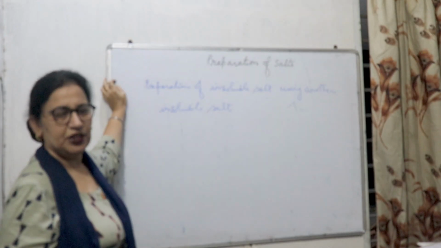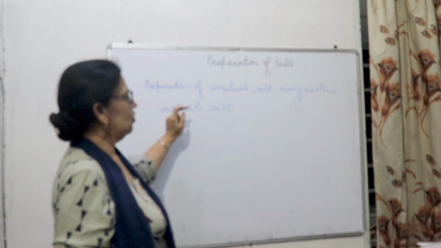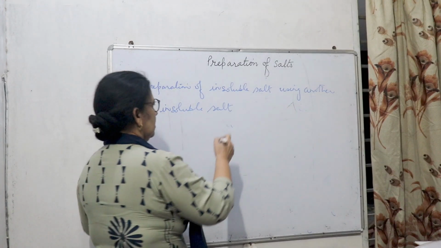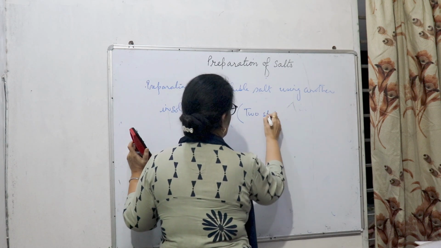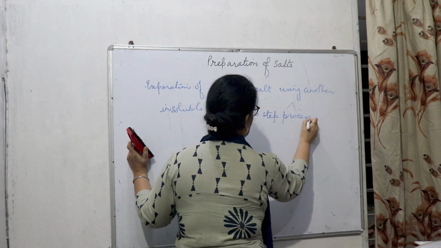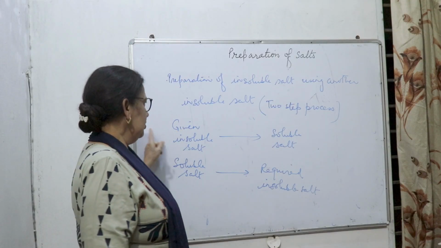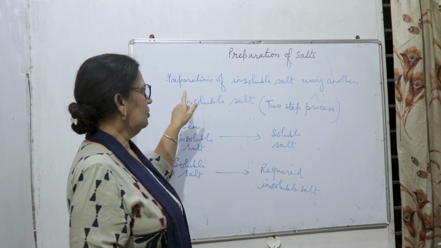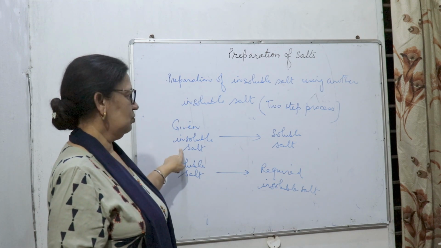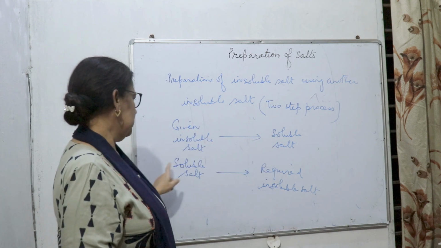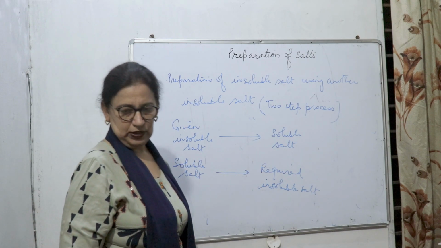We know that precipitation takes place when two solutions are mixed together. So how can we prepare insoluble salt from an insoluble salt? This is not a single step, this is a two-step process. Preparation of insoluble salt from another insoluble salt is a two-step process. First of all, the given insoluble salt is to be converted into soluble salt, then that soluble salt is used to prepare the required insoluble salt.